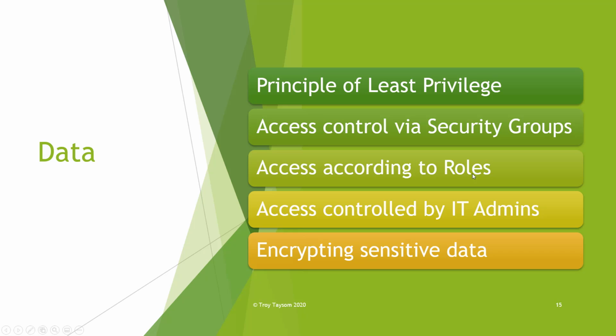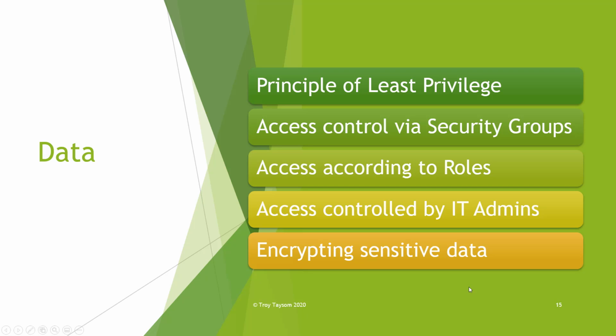And this is an organized and easy way to do it, and it's easy to track. It's easy to make sure you have control of it. And this is another thing that they will ask you: how do you implement principle of least privilege? Well, here you go. Access is controlled by IT admins, and then encrypting of sensitive data.